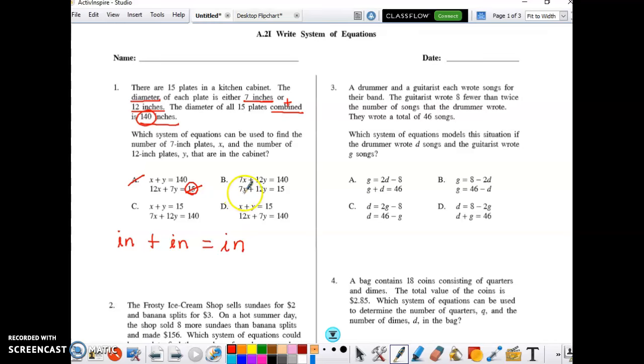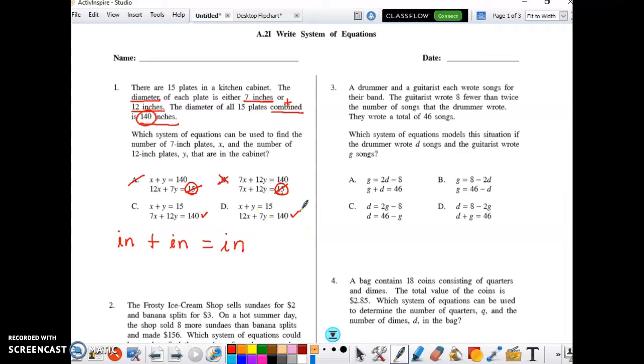This one says 7 inches in diameter plus 12 inches in diameter equals 15 inches in diameter. No. This one worked, but because this one didn't work, it's not correct. Okay? This one says 7 inches in diameter plus 12 inches in diameter equals 140 inches in diameter. Yes. And this one says 12 inches in diameter plus 7 inches in diameter equals 140 inches in diameter. Yes.